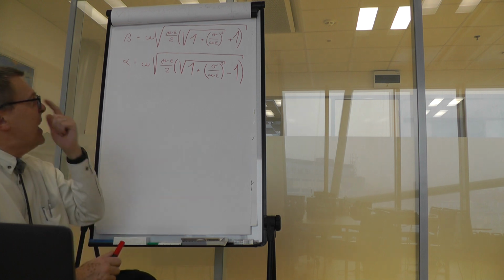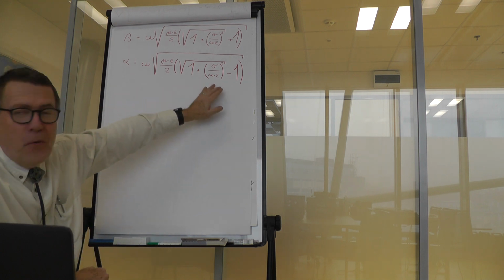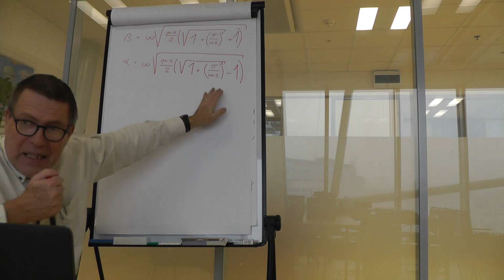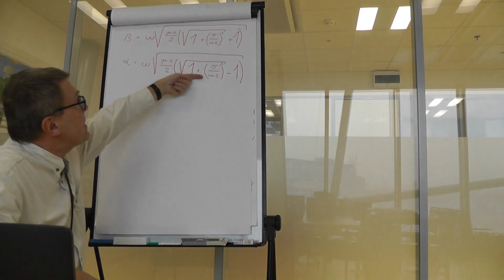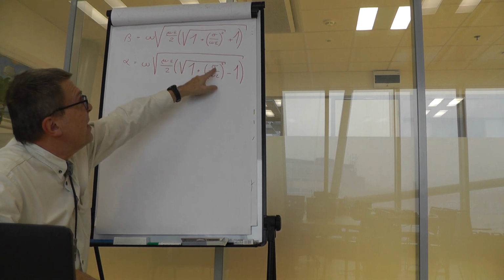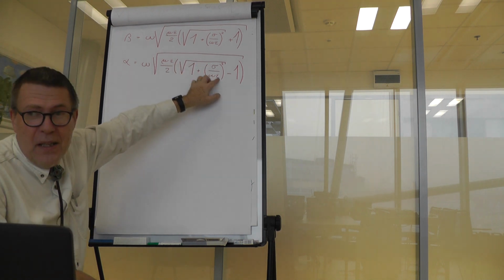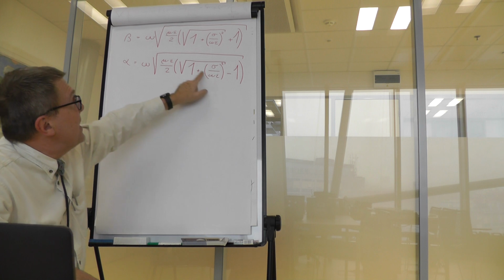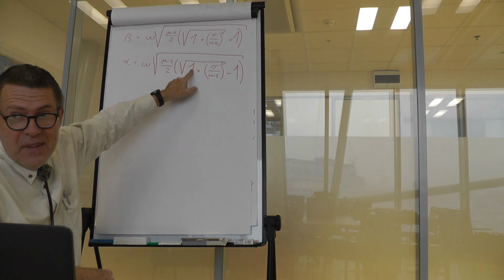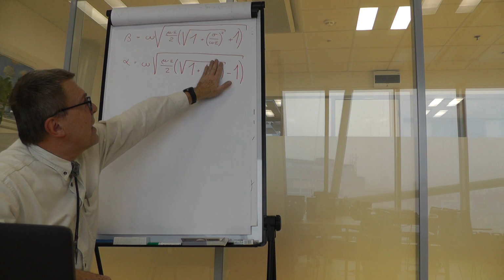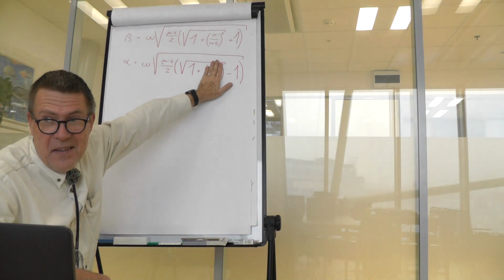Here we can define it in a different manner, and this is important. We have here sigma over omega epsilon squared that we add to 1. In which cases will we be able to neglect this term?